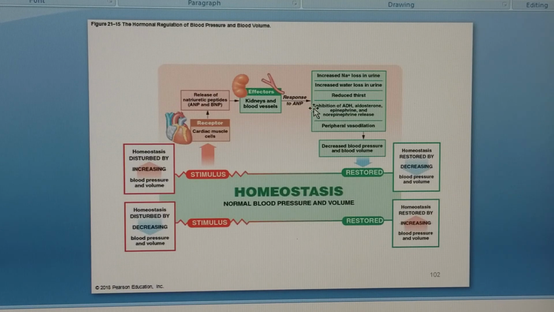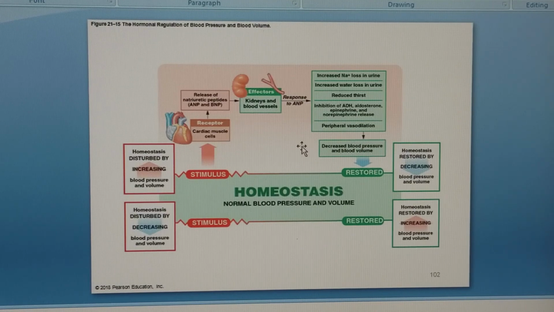Let's just follow that again. Either way: increased sodium loss in urine, increased water loss in urine, produce thirst. Inhibition of ADH, aldosterone, epinephrine, and norepinephrine release. Peripheral vasodilation, decreased blood pressure, and blood volume.